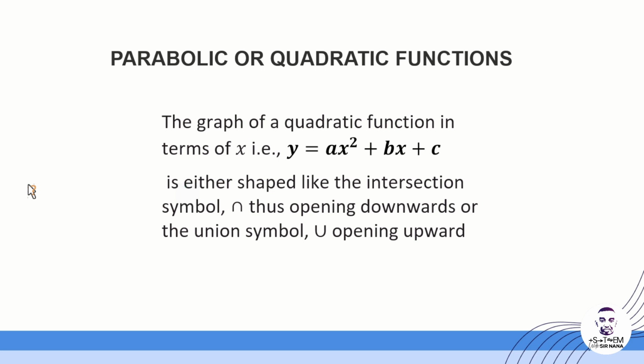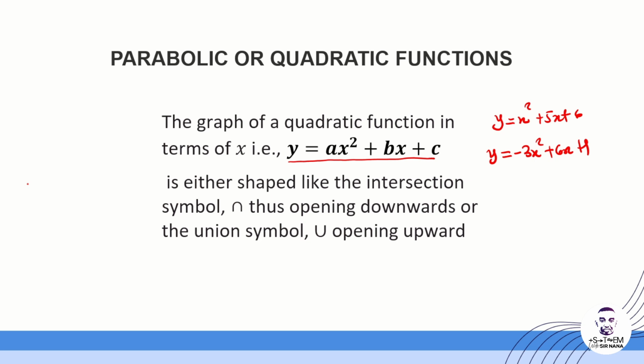So for the graph of a quadratic function, we can write it as y = ax² + bx + c. For example, you can have y = x² + 5x + 6. This is a quadratic function, which is a parabolic function. We can also have y = -3x² + 6x + 1, which is also a parabolic function.